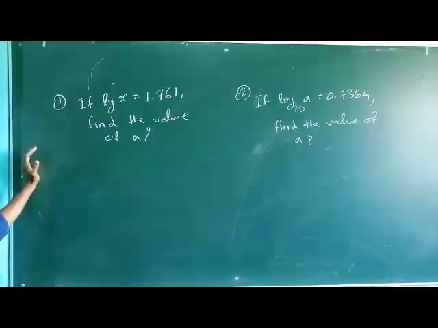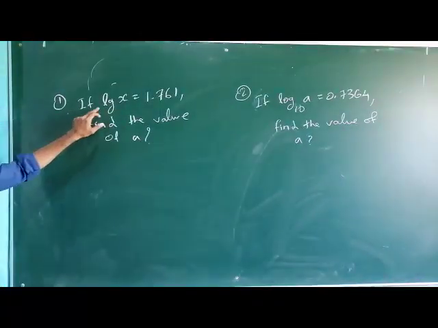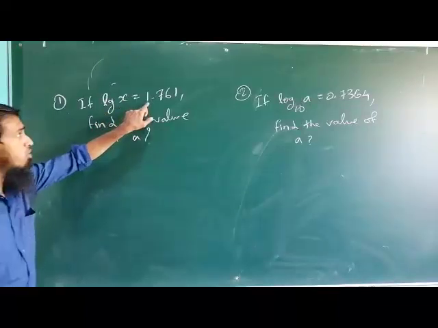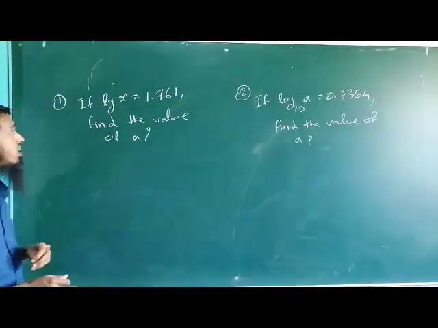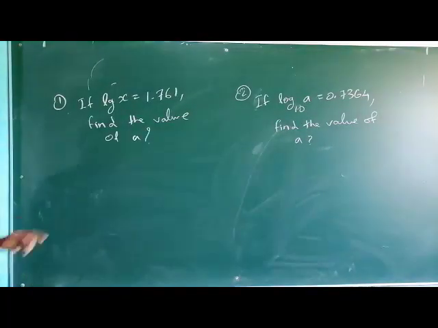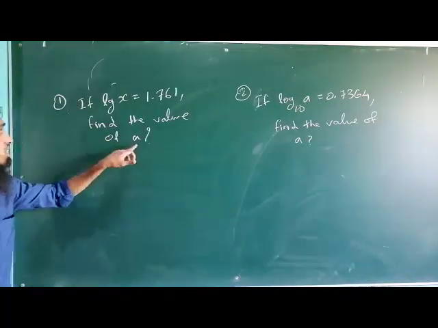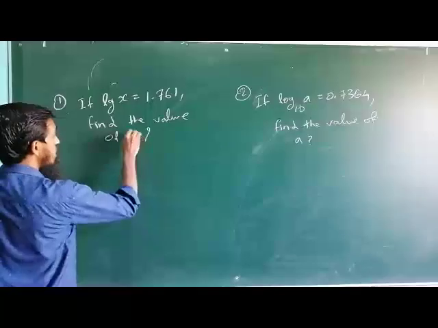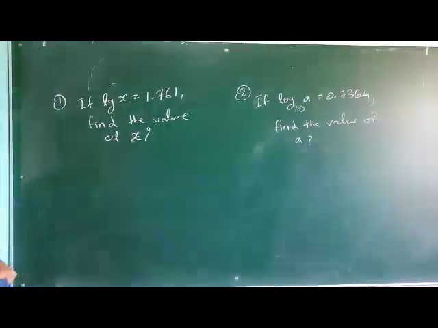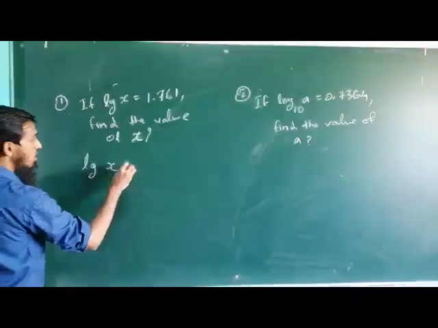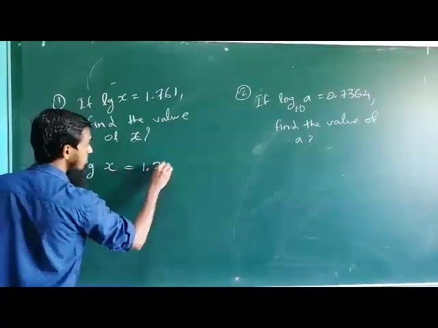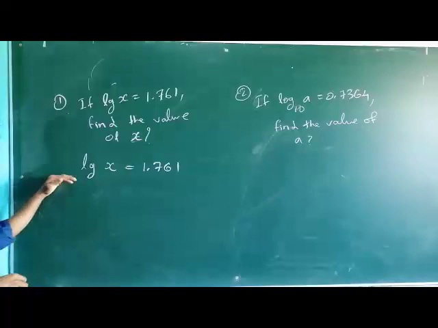So the first question we have: if LGX equals 1.761, find the value of x. Okay, we'll take the given data, LGX equals 1.761. Remember this step.